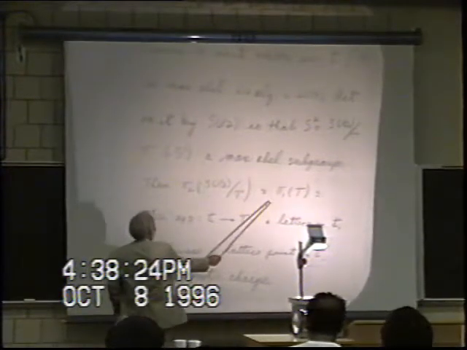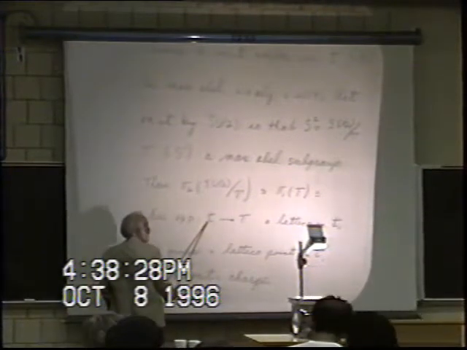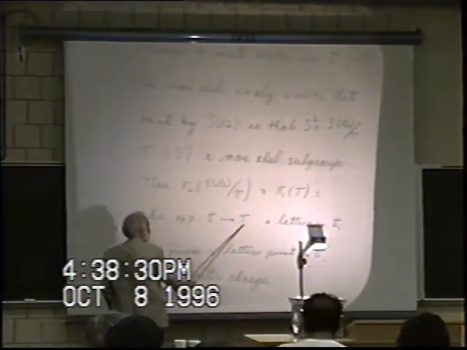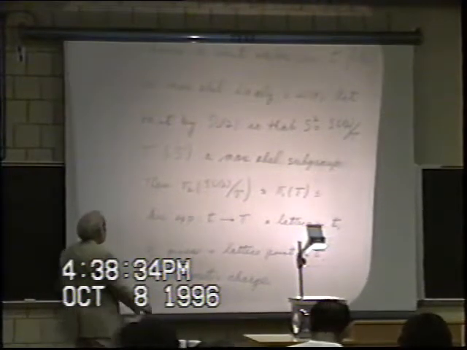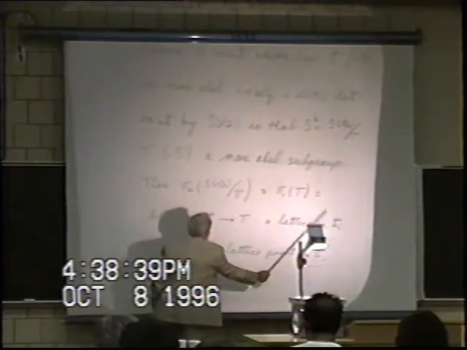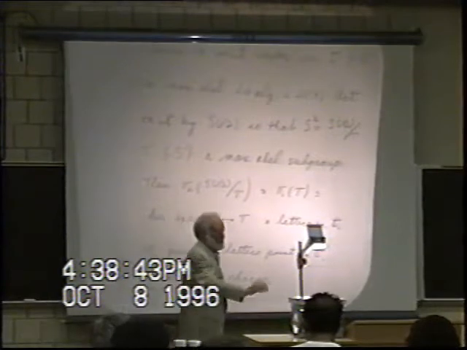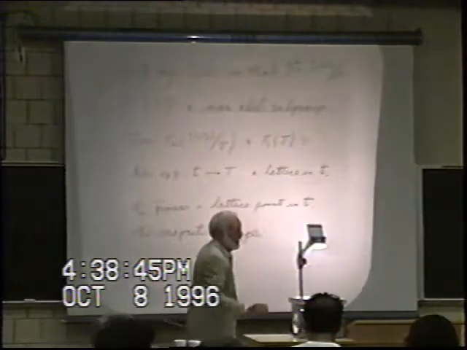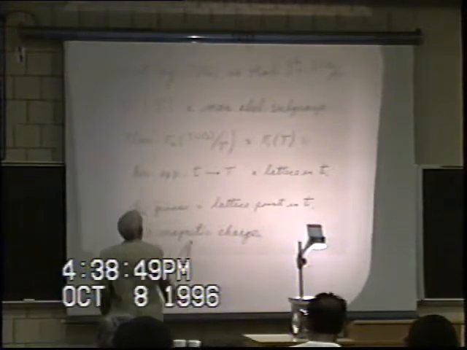And pi 1 of T, via the exponential map from the Lie algebra, that is the line into the circle, is the same as the kernel of the exponential map, a lattice in T. So phi infinity gives a lattice point in T called the magnetic charge.